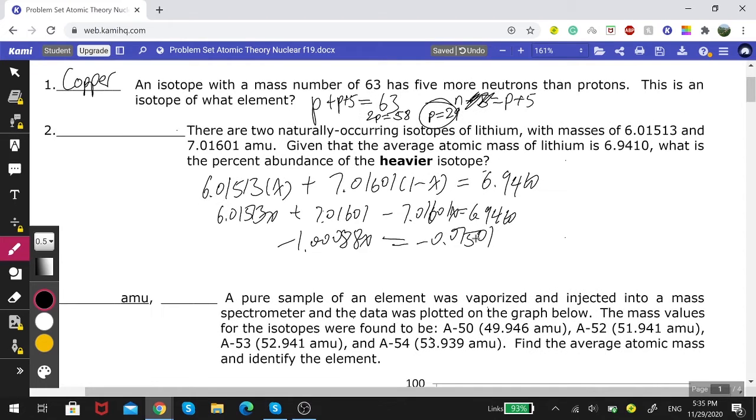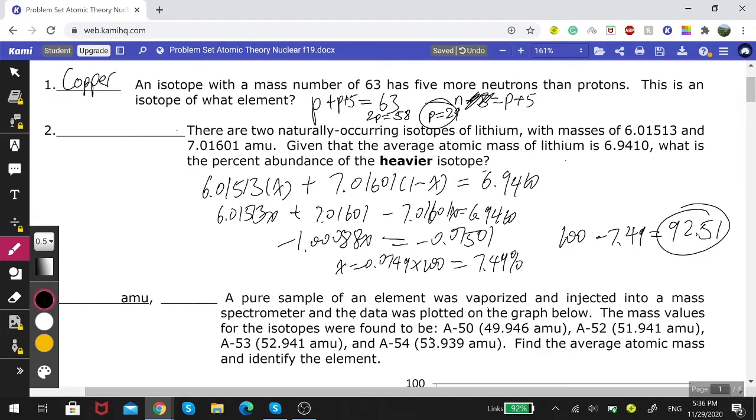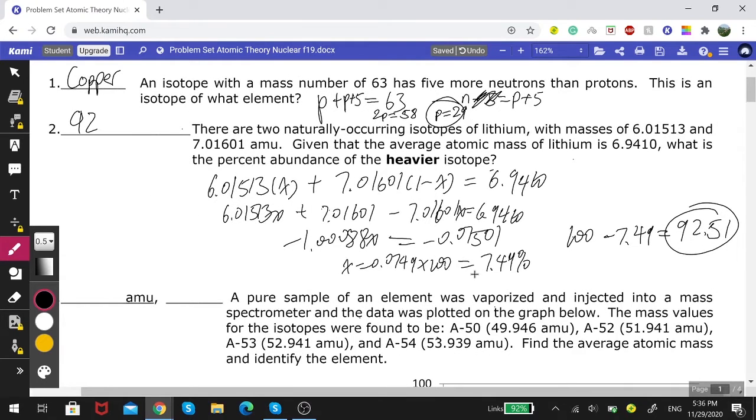That gives us x is equal to 0.0749, times 100 equals 7.49%. 100 minus 7.49% is equal to 92.51%. So one of them is 7.49% and the other one is 92.51%. It's asking for the higher abundance, so it's going to be 92.51%.